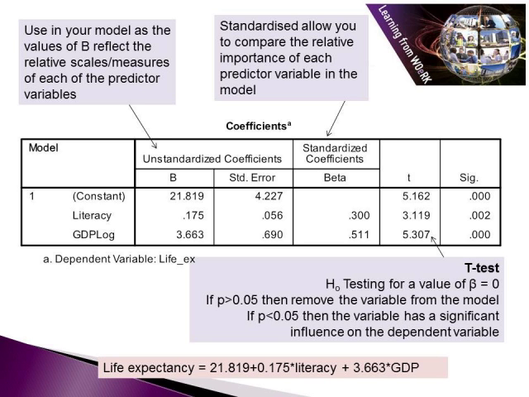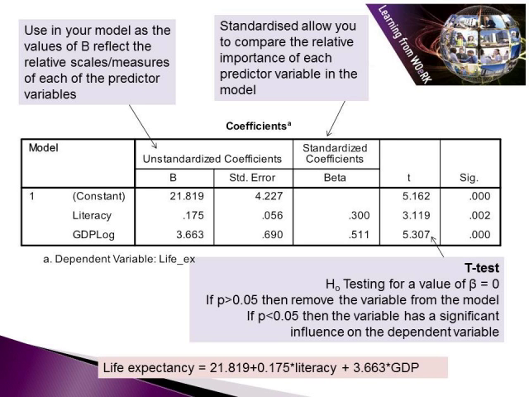We then have the standard error. We then have a look at our beta values. So standardized betas allow you to compare the relative importance of each of the predictive variables within the model. So you can see our beta value of 0.3 and our GDP log value of 0.511. And we automatically run a t-test on that, with our null hypothesis testing for a value of beta equaling 0.